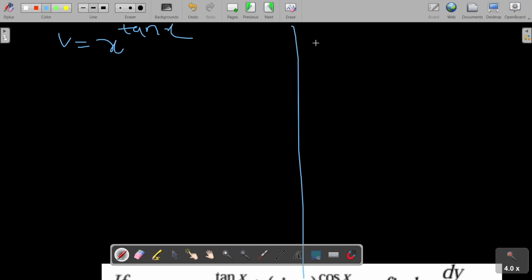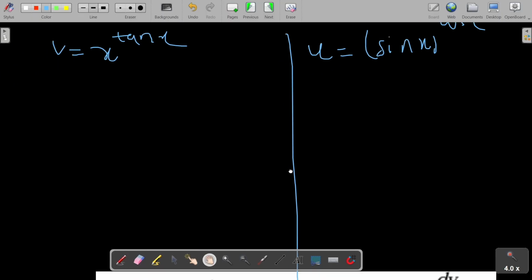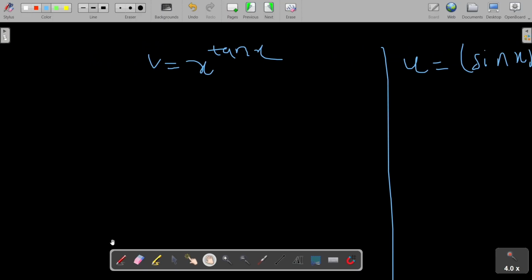So I know that I assumed v as x power tan x. On the right side, I assumed u as sin x power cos x. Let's do the thing we know.